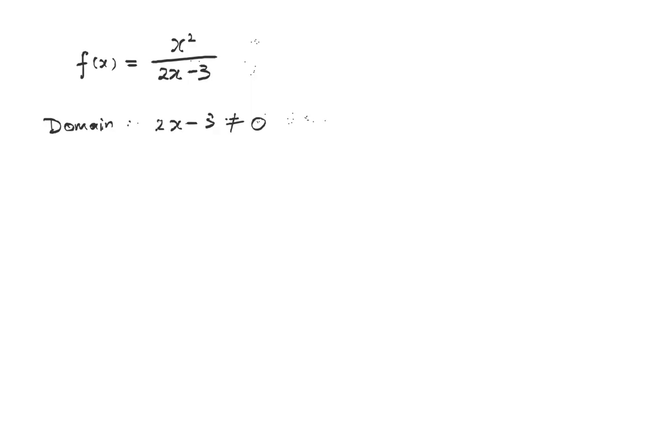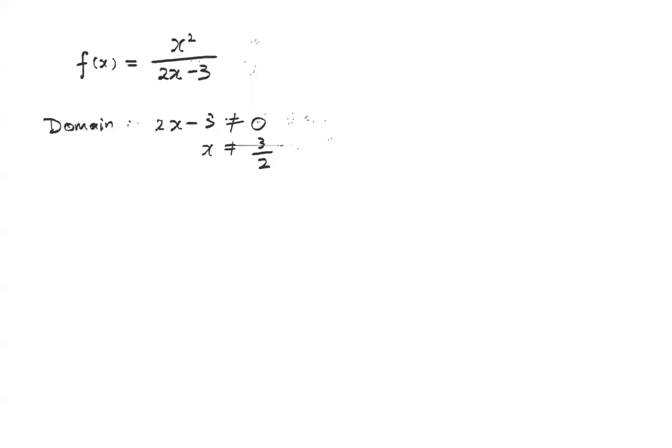This is a rational function. Bottom cannot be 0 before you talk about anything. So depend on the function given. Therefore x cannot be 3 over 2.